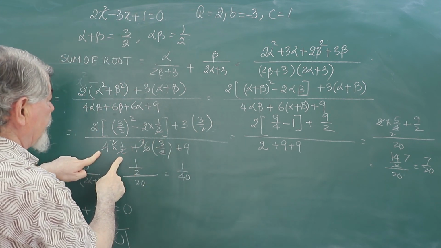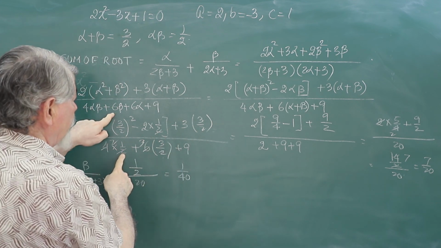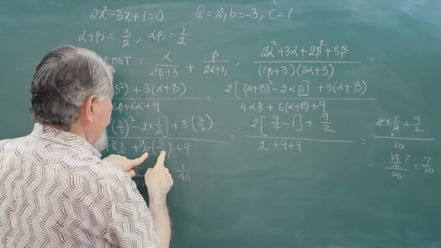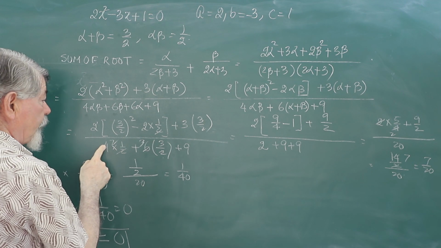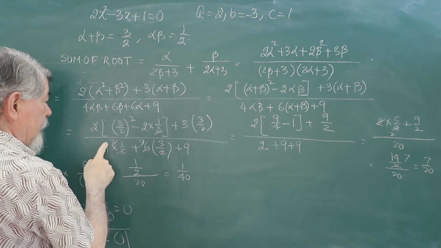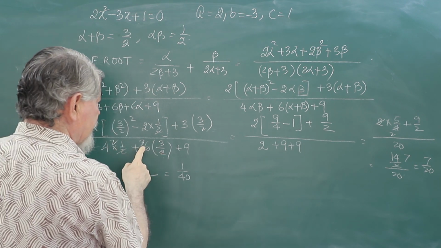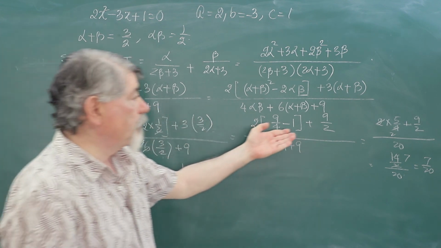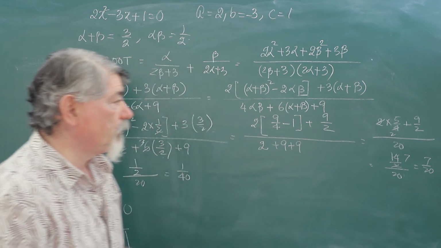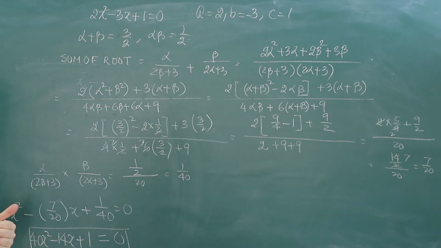Similarly 4 into alpha beta, which is 1 upon 2, plus 6 into alpha plus beta, which is 3 upon 2, plus 9. Here 2 2s are 4, 2 3s are 6. So it will be 2 plus 9, which will be 20, and when we solve the numerator I get 14 upon 2 which is 7, so 7 upon 20.